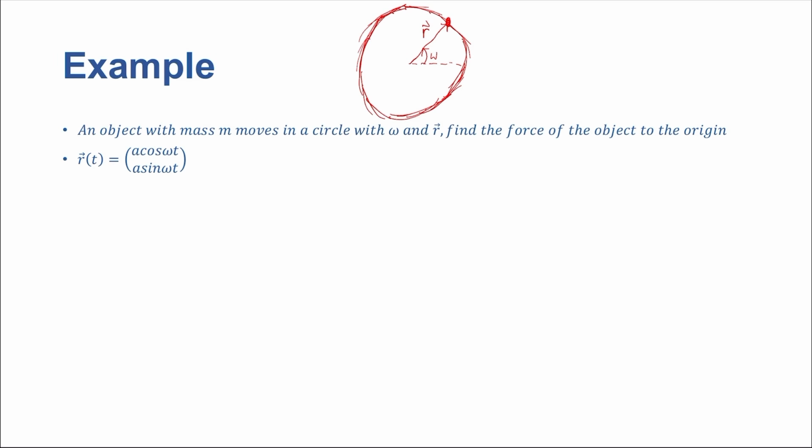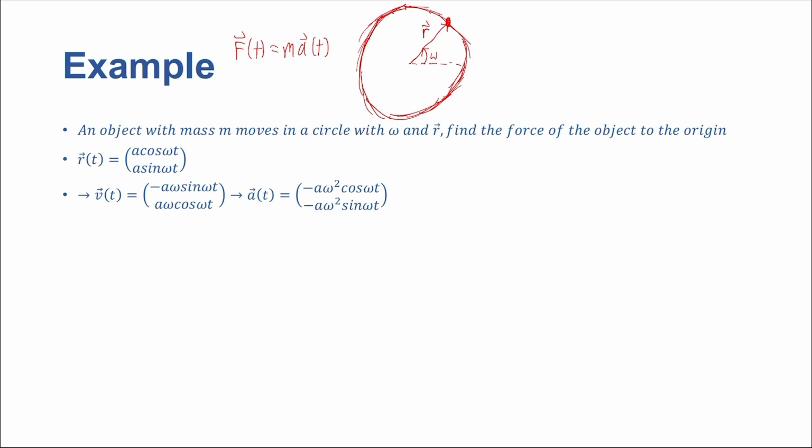This is very common in physics that you see this. So now what we do is we differentiate to find the acceleration, because we've got to use Newton's second law. Newton's second law says that the force, which is now a vector function, is equal to the mass times the acceleration, which is also a vector function. So we want to find acceleration because then we can find force.